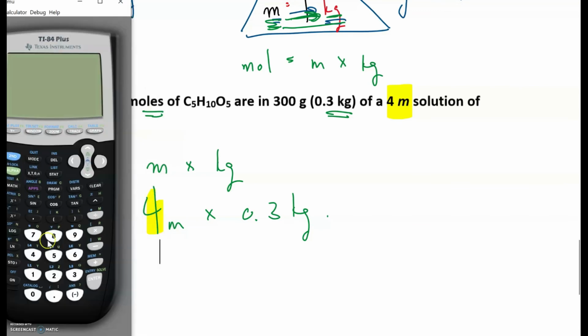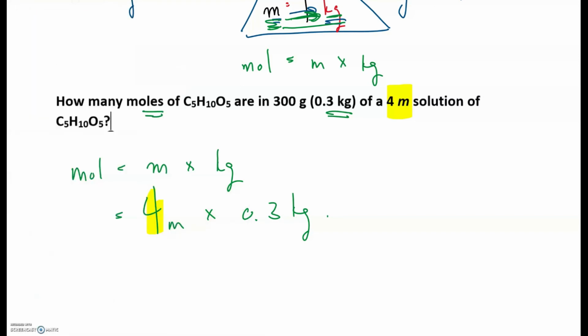We'll say that we have a 4 molal solution times 0.3 kilograms, and this is 1.2. I've also caught OneNote on a morning when it hasn't had its coffee yet. So this is 1.2 moles of solute.